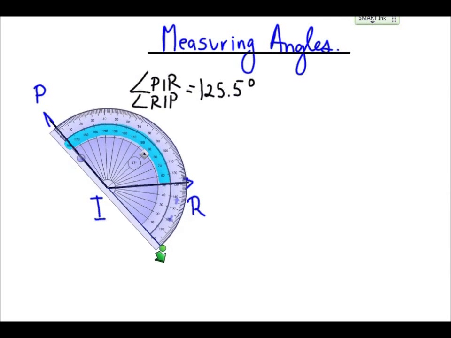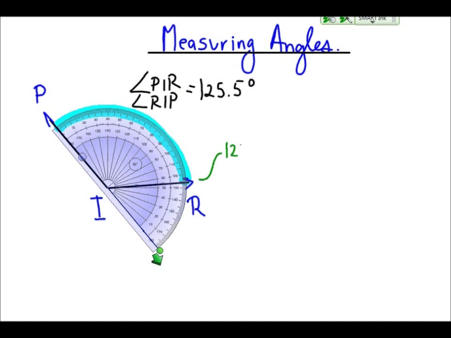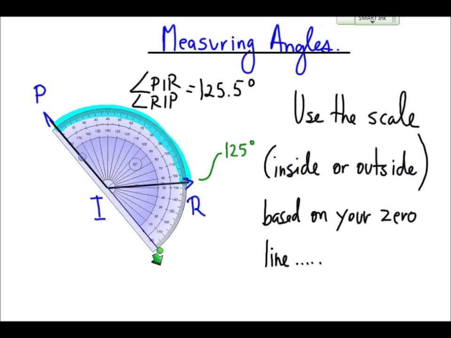Look, I can use the other 0 on the protractor and get the exact same answer, but I have to rotate my protractor so that 0 is at least on one part of the angle. This time I'm reading it clockwise, and I have to make a slight adjustment here to make sure my 0 is lined up. And when I do that same thing, I end up with 125.5 either way. You can use the scale on the inside or the outside, but you have to zero your line.